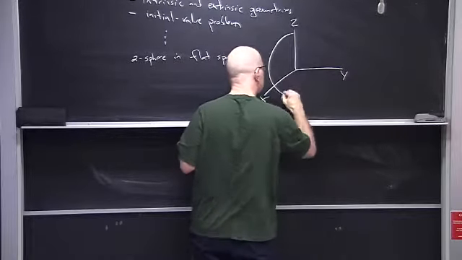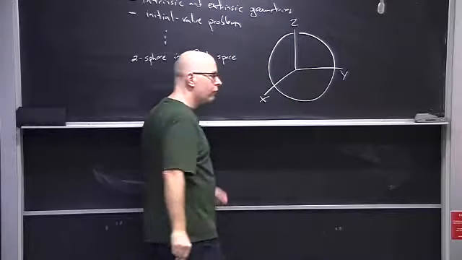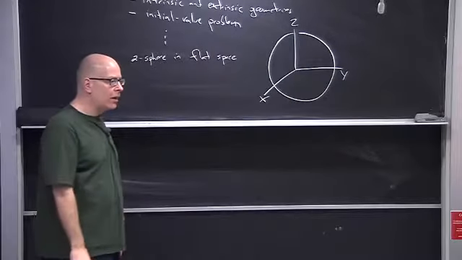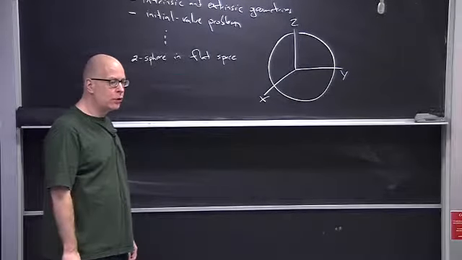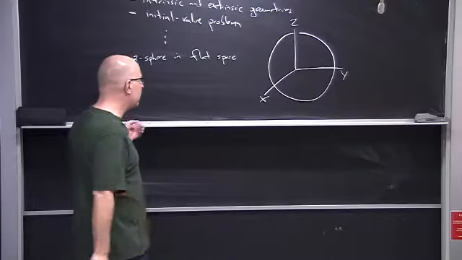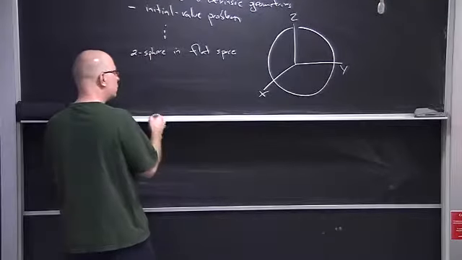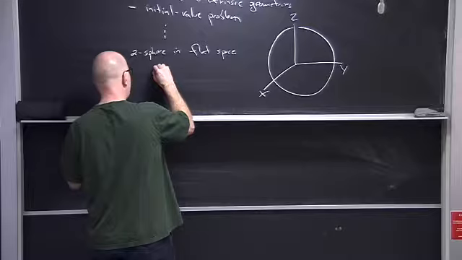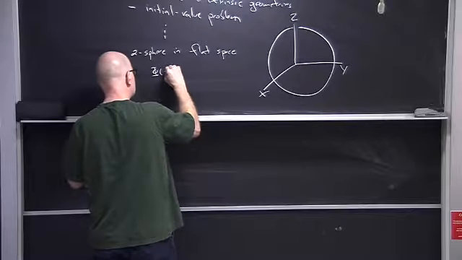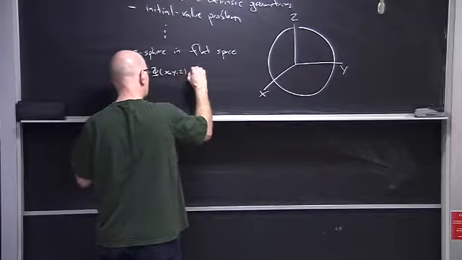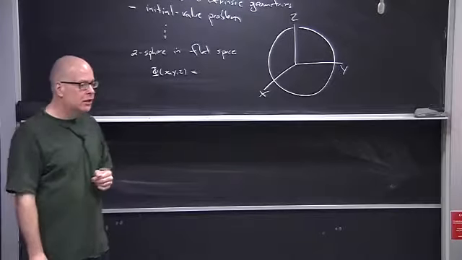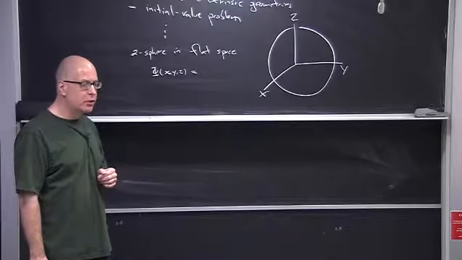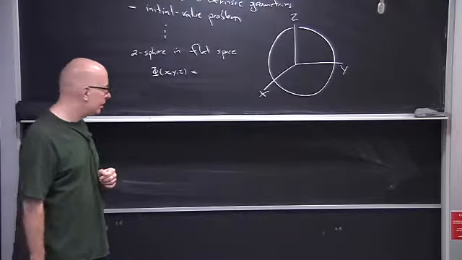Here's our sphere, and it's a sphere of radius r. There are two ways that are useful in order to describe this surface in that three-dimensional space. One is to say that we have a function phi of all the coordinates that happens to be a constant, or zero, I'll take it to be zero, on that surface.